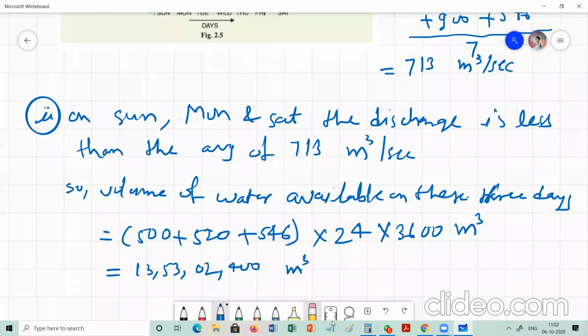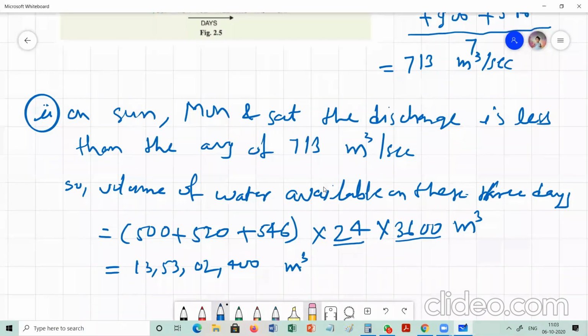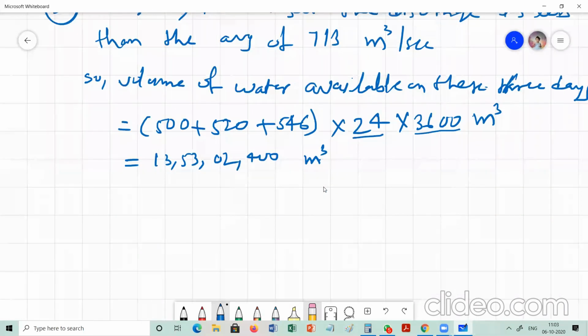Why did we multiply by 3600? 24 is the total number of hours in a day, and 3600 is the total number of seconds in an hour. So we now have the volume of water available on these 3 days.